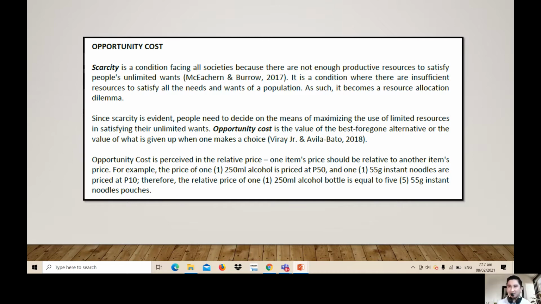Halimbawa, you want to buy a cellphone through your allowances, and you want to go traveling, yung mga hiking ngayon, in demand yan. So, ano bang pipiliin mo? Hiking or buying a cellphone through your allowances? Now, if you want to hike, hindi ka makakabili ng cellphone. If you want to buy a cellphone, hindi ka pwedeng mag-hike kasi mababawasan yung allowance mo.